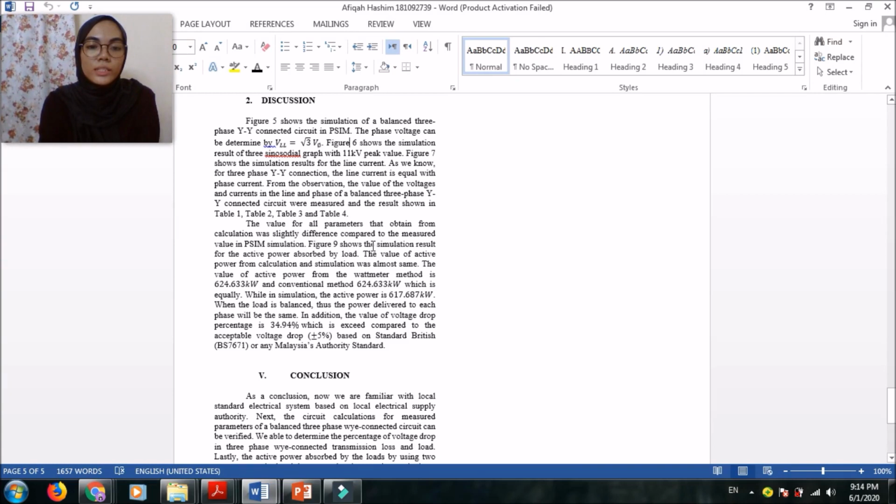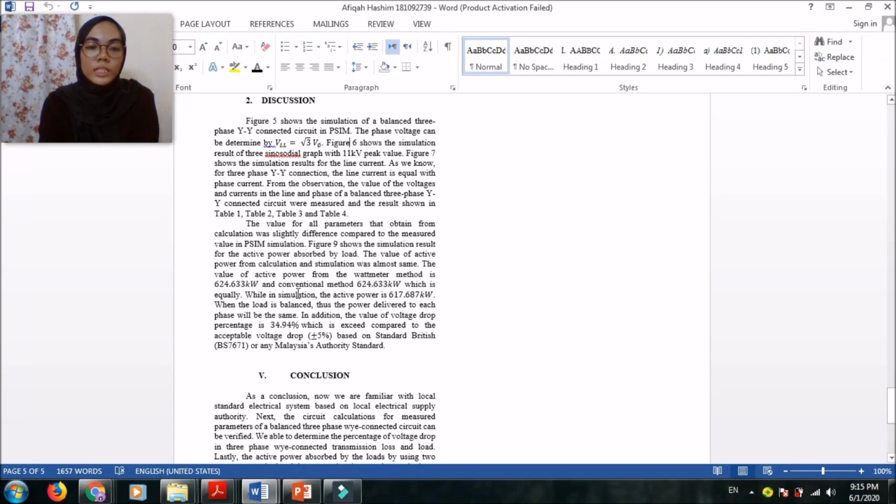Figure 9 shows the simulation result for the active power absorbed by load. The value of active power from calculation and simulation was almost the same. The value of active power from the wattmeter method is 624.663 kilowatt, and the conventional method is 624.63 kilowatt, which is equal.